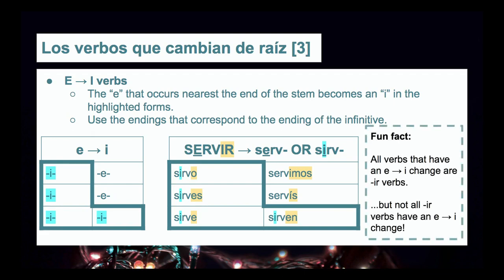Here's a fun fact for you. All verbs that have an E to I stem change are IR verbs, but not all IR verbs have an E to I stem change.